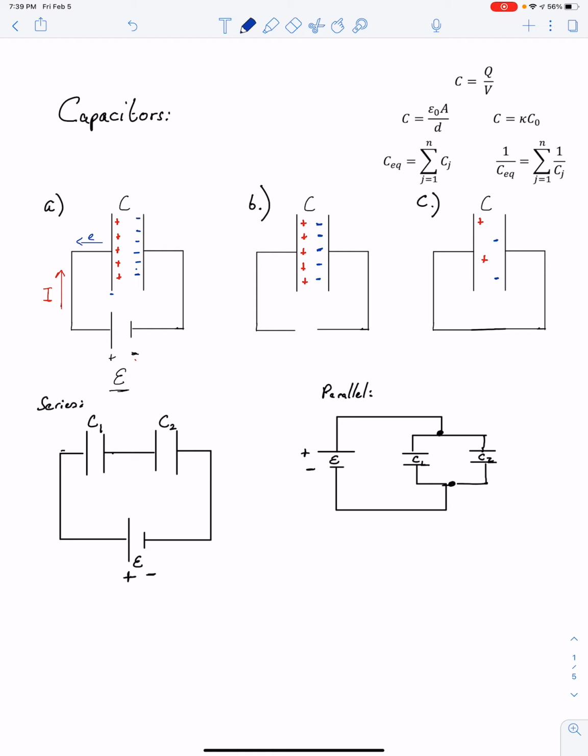In this plate right here, the battery is moving electrons into the plate, and that's why it is negatively charged.